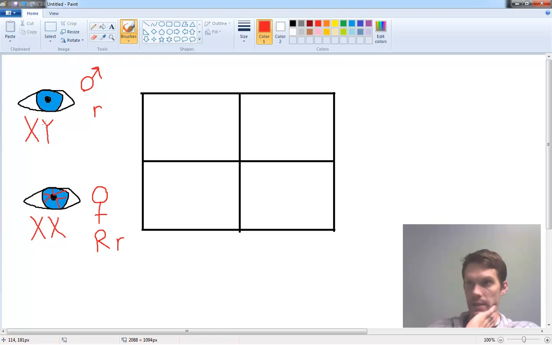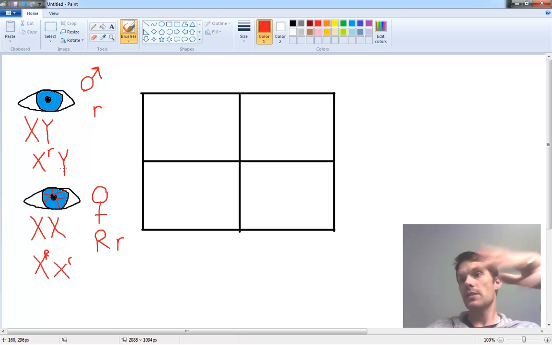Now, the Y chromosome does not hold the gene, only the X chromosome does. So we use a little different notation. Rather than using just these letters, we actually use a superscript. So we use X little r to denote the allele on the X chromosome, and then he has a Y. This female would be X big R, X little r.